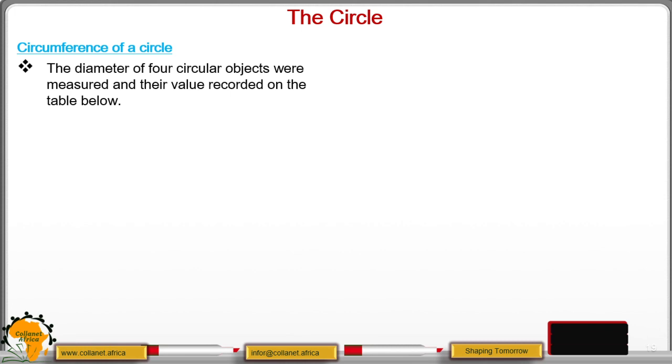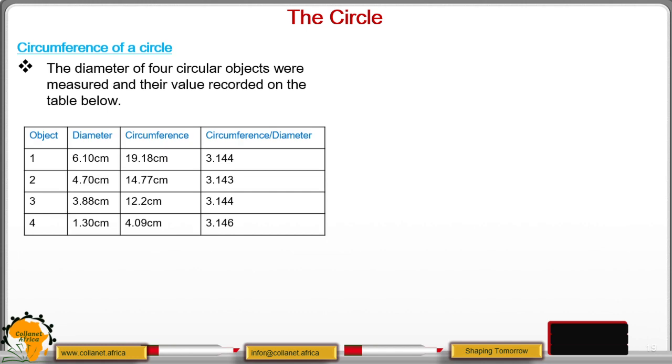Using a thread, we get the length of the circumference. Then we can get the diameter. To get the diameter, you just place the circular object between your set squares, and then measure the length between the two set squares when the circular object is in between.